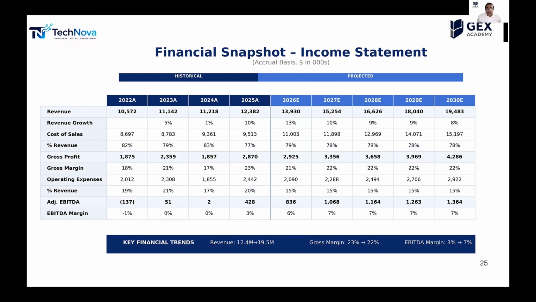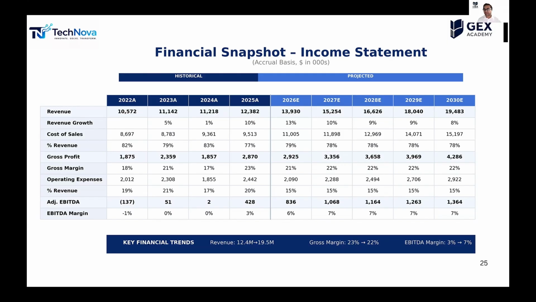Also, looking at gross profit, we can see that margins have improved over time, increasing from approximately 18% in 2022 to approximately 23% in 2025. So this suggests that the company has been able to improve the economics of its engagements and also create additional value as the business has scaled. On the operating expense side, expenses have remained relatively controlled as a percentage of revenue.